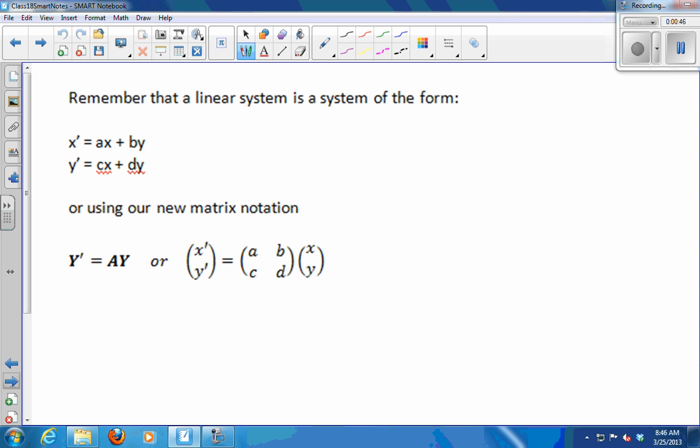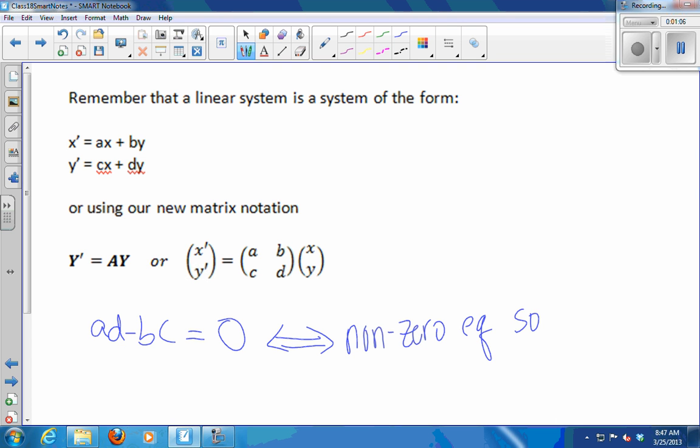AB minus C, wasn't it AD minus BC? AD minus BC has to be 0. This is the only way we have non-zero equilibrium solutions.